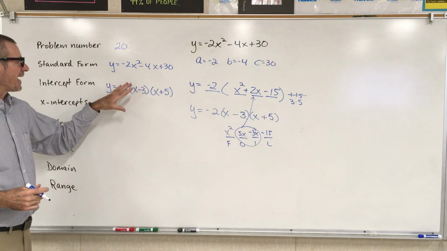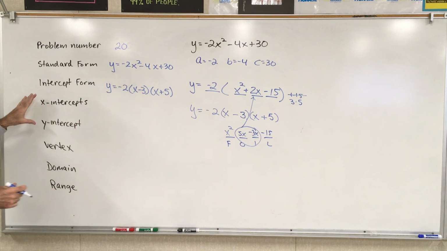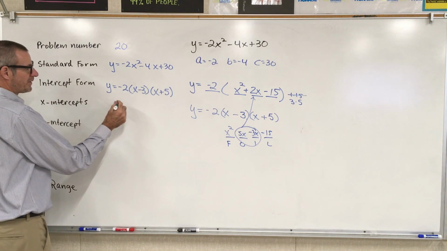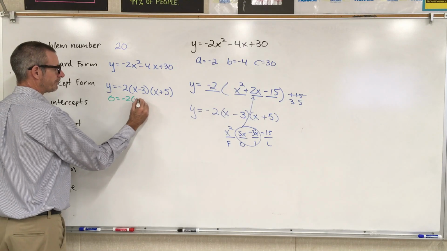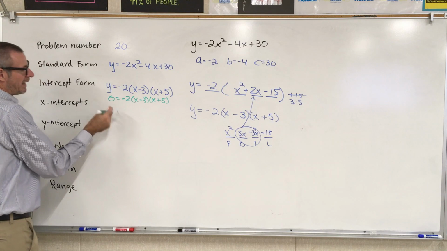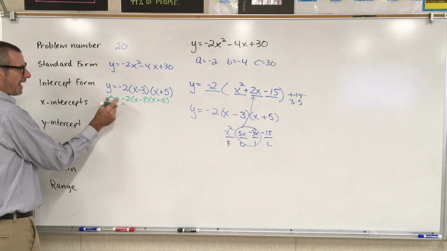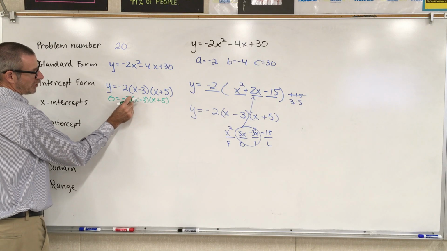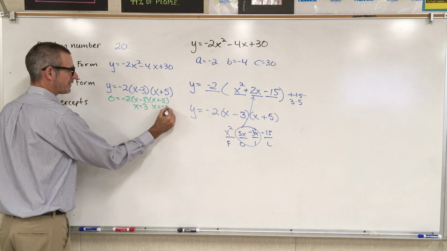Now that I have the advantage of having standard form and intercept form, I can use those to find the intercepts. The x-intercepts are the solutions to this equation. Or in other words, it's the x value when the y value is 0. And we've learned that since there's no coefficient, we can just use the opposites.